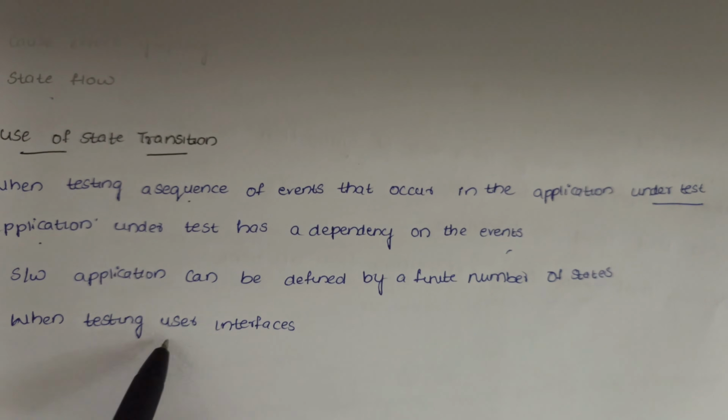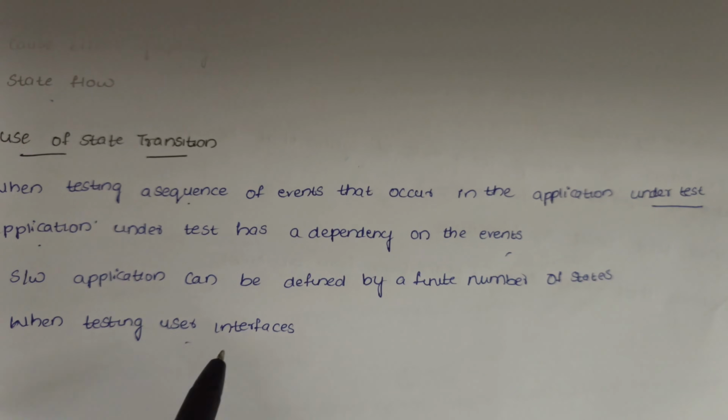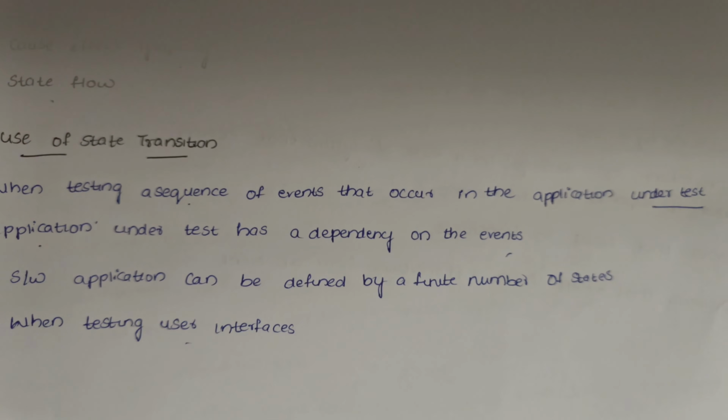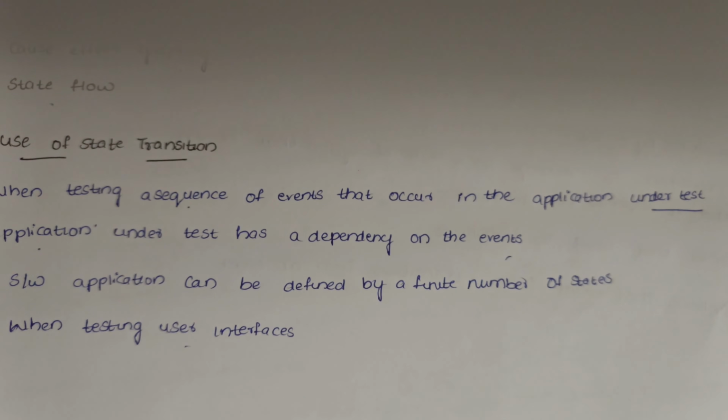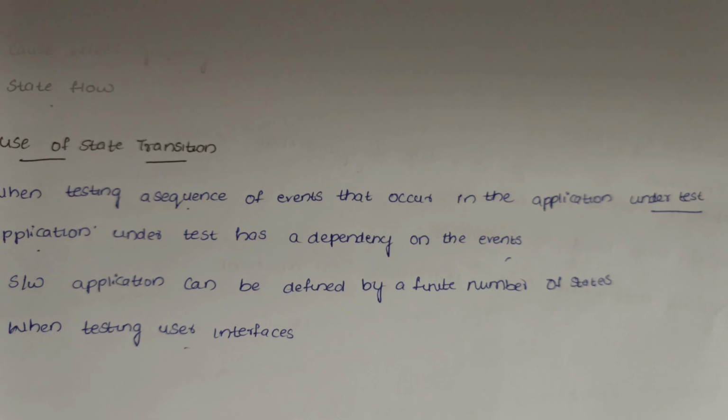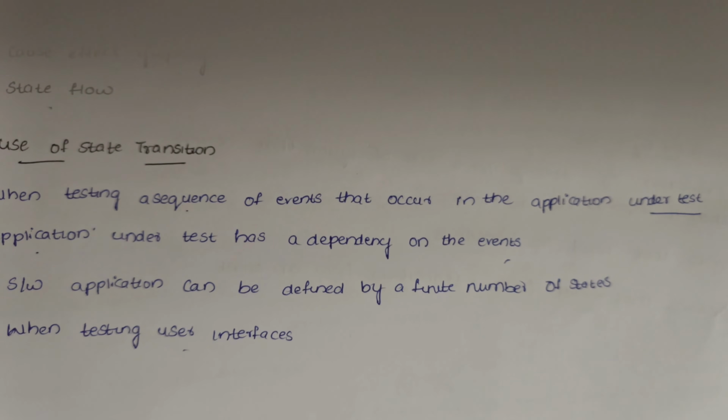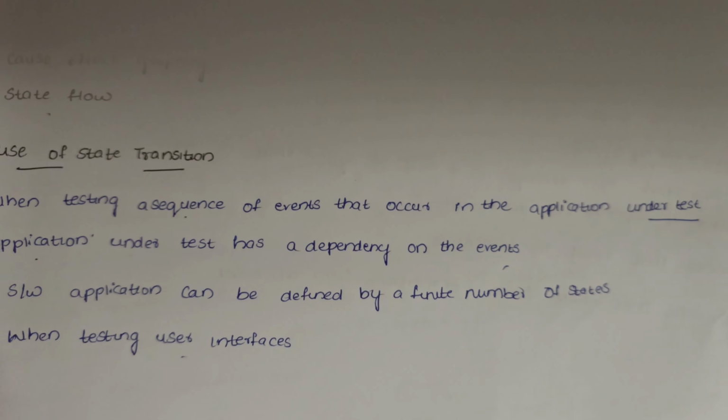And when testing a user interface, which may take different forms depending on input and may transition between screen states, it can also be used in testing web applications, and when testing mobile applications to test online or offline states and workflow, etc.